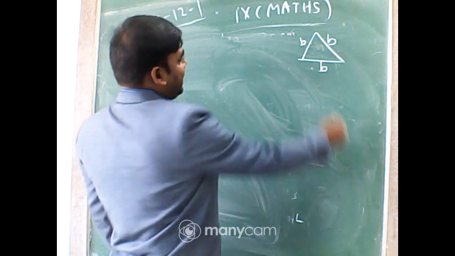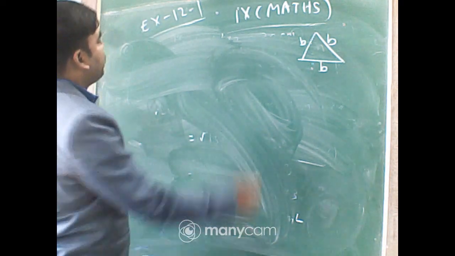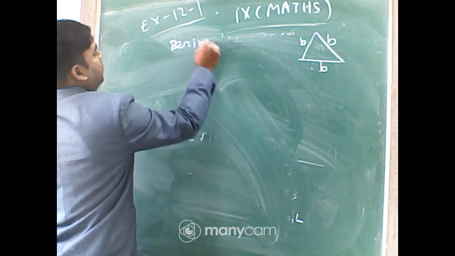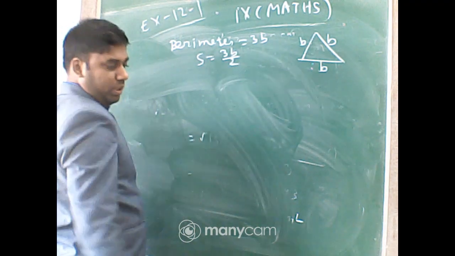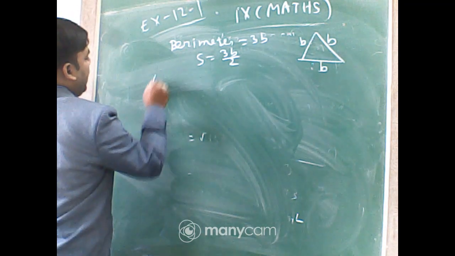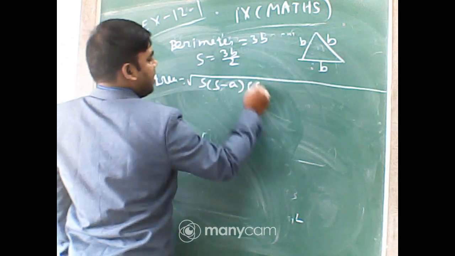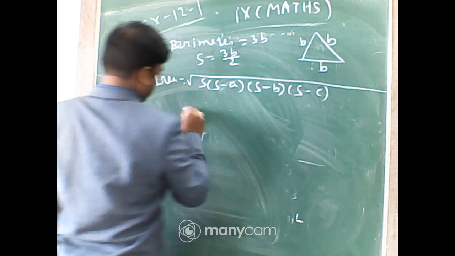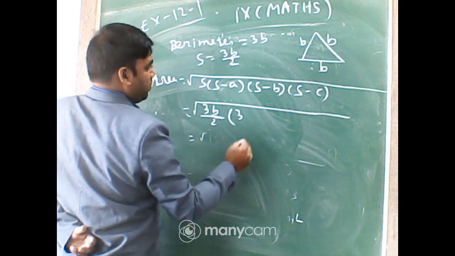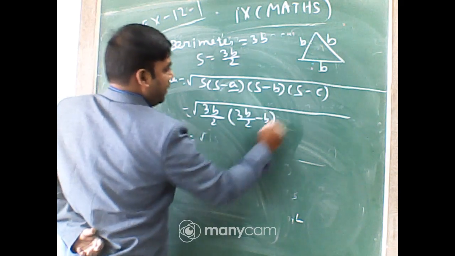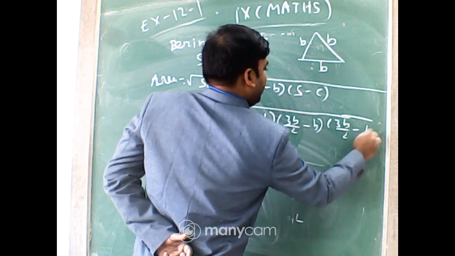Then s minus a means 3b by 2 minus b, 3b by 2, b means b, and 3b by 2, that is b.